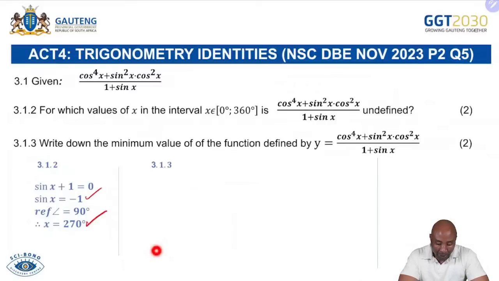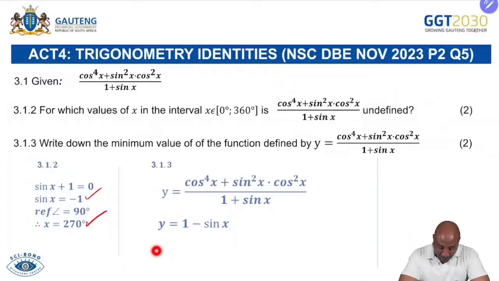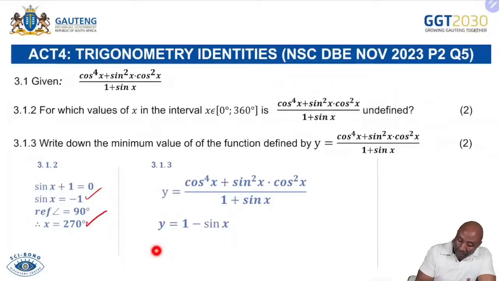Write down the minimum value of the function defined by y is equal to this. Now, how do we determine the minimum value? This is function interpretation. Our function is that one, 1 minus sine x. We know when we are dealing with the graph of this, we can write it as our y is equal to negative sine x plus 1.